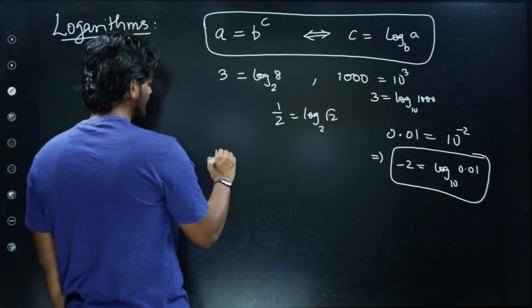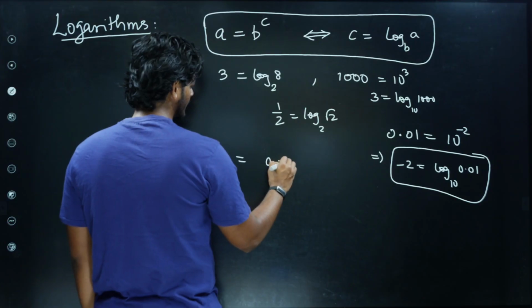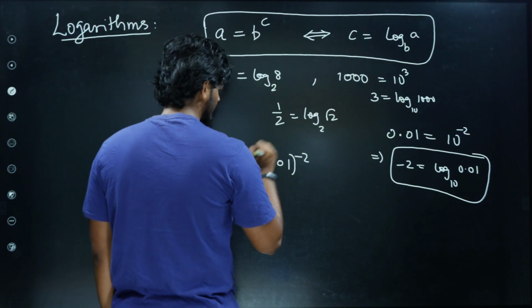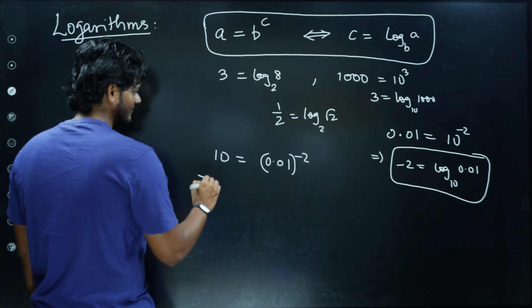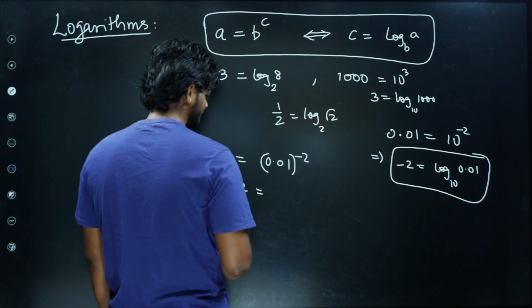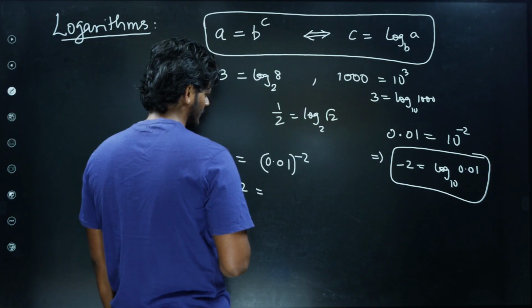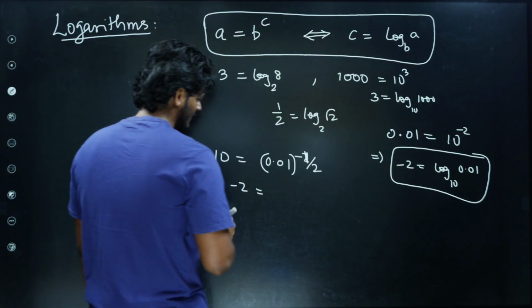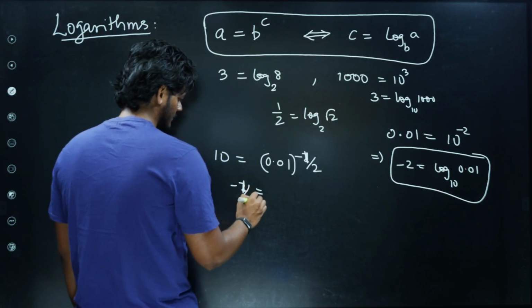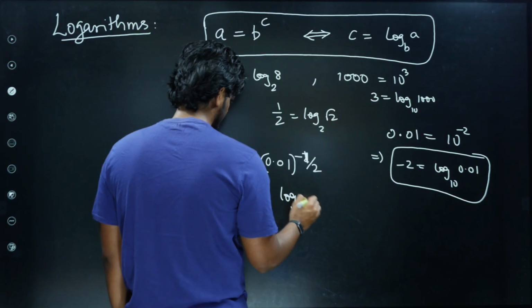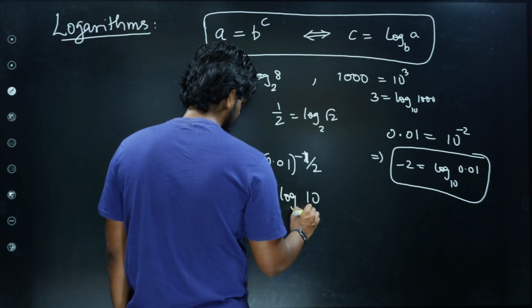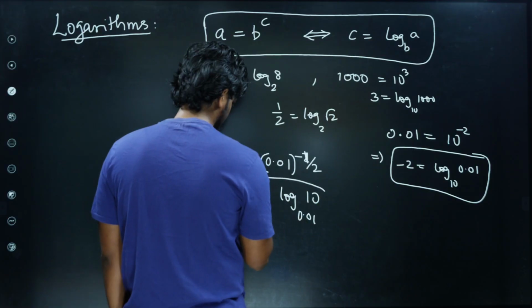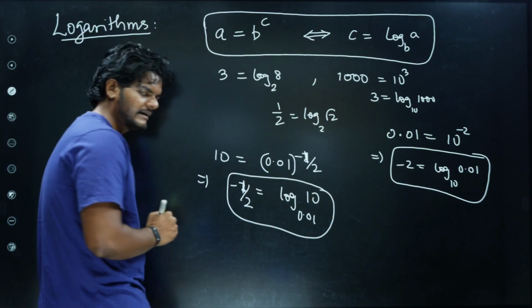If you look at it, 10 is equal to 0.01 whole power minus 1 by 2 as well. So that would imply minus 1 by 2 is equal to log 10 base 0.01, right?